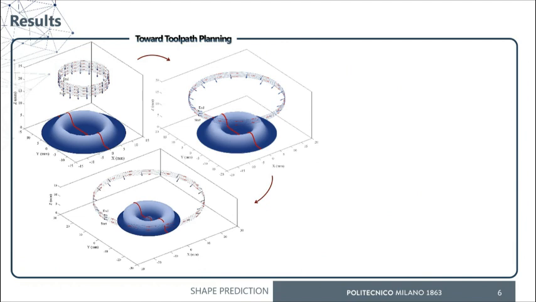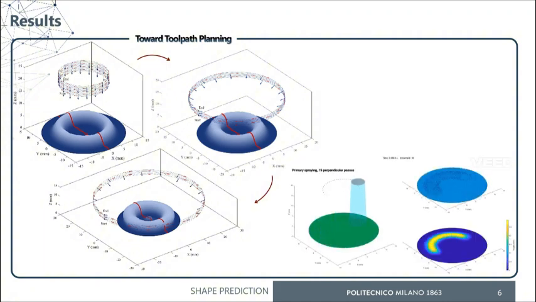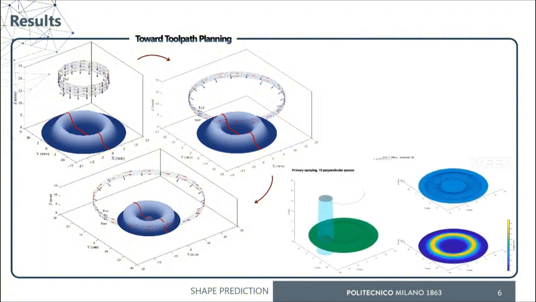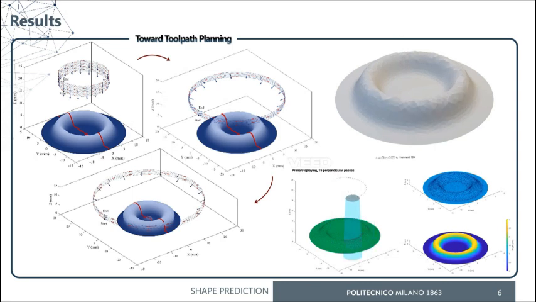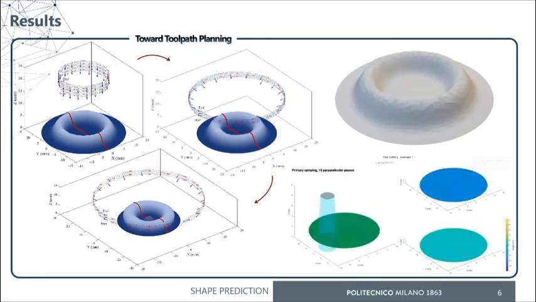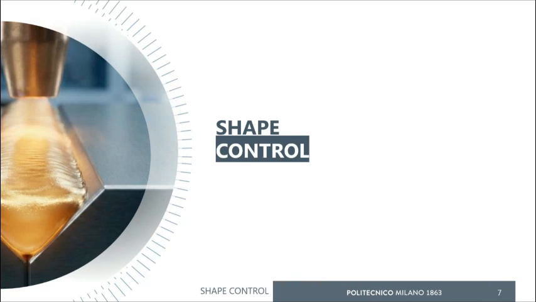The forward model could also be used for toolpath planning, because you can see everything in real time, so you can use the model to plan the nozzle movement based on your target. However, this is not a shape control tool because the input is the nozzle movement.